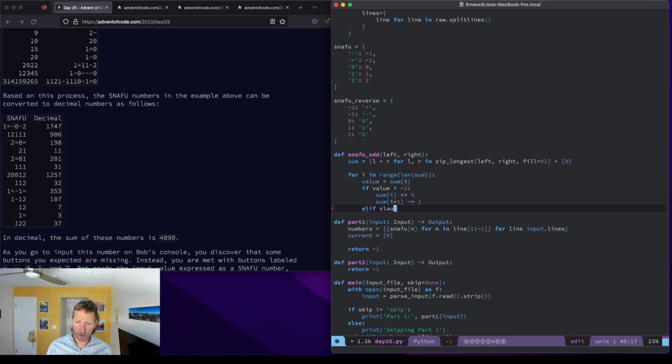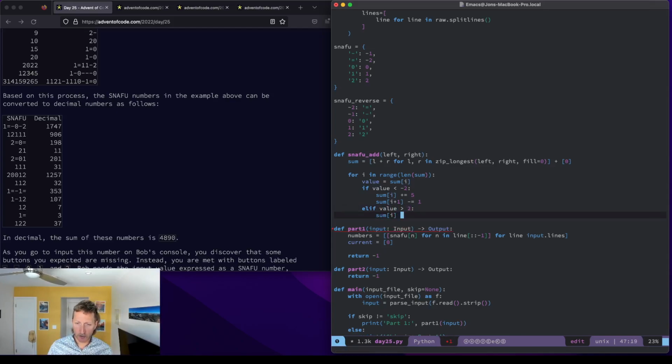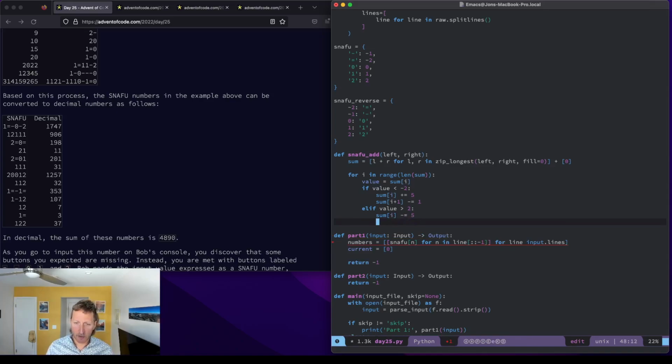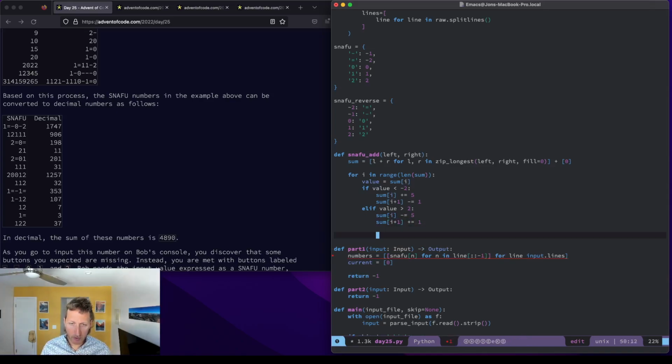Else, if value is greater than 2, then we do the reverse: sum[i] minus equals 5, sum[i+1] plus equals 1. Return sum, nice.